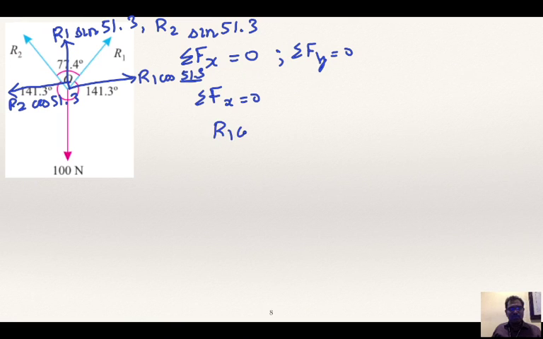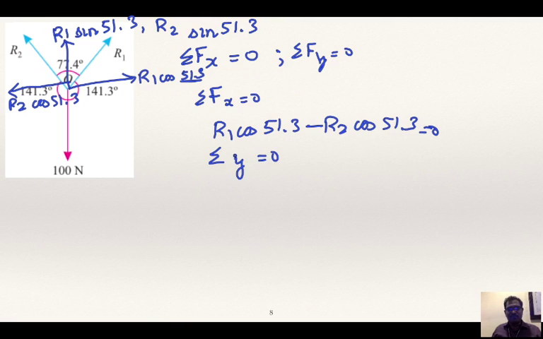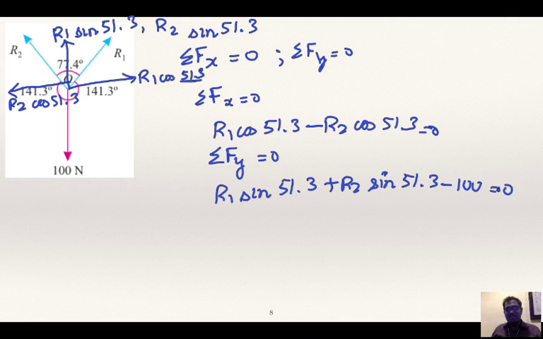So it is R1 cos 51.3 minus R2 cos 51.3. That is equal to 0. And sigma f y is equal to 0. There again it is R1 sine 51.3 plus R2 sine 51.3 minus the weight, that is 100 Newton, that is equal to 0.